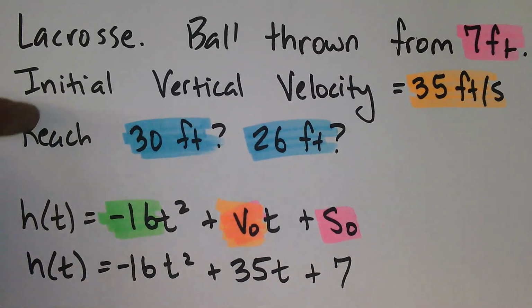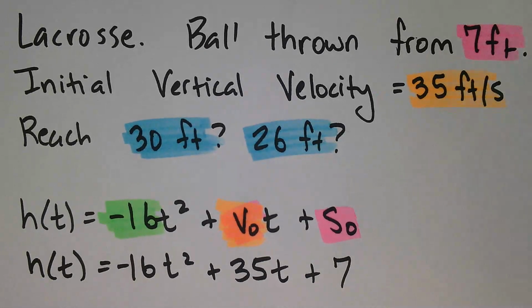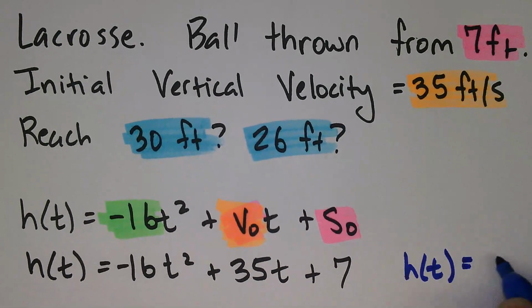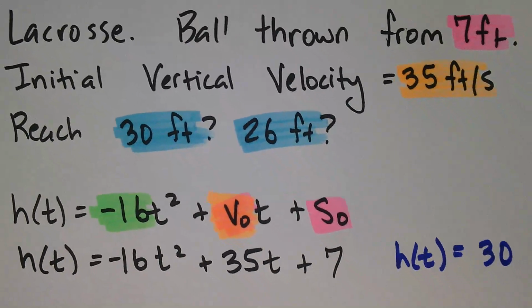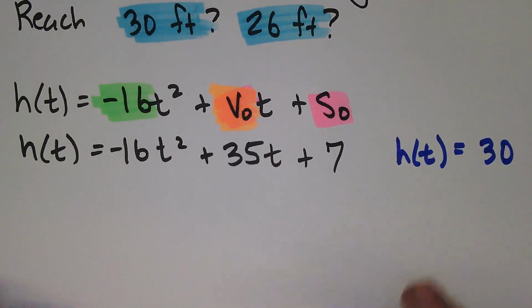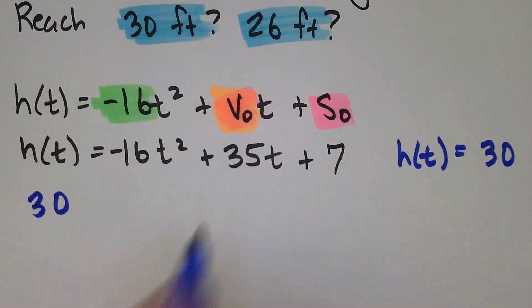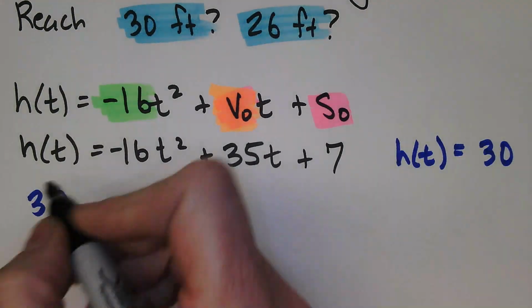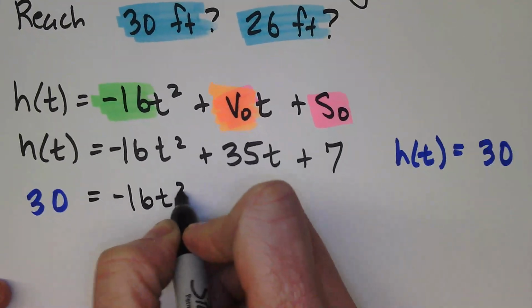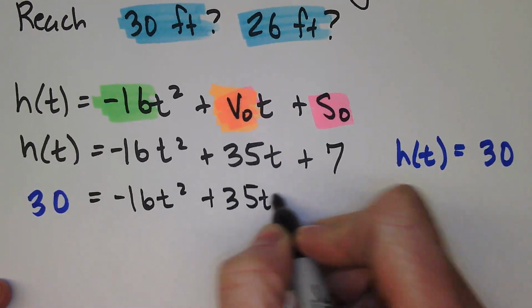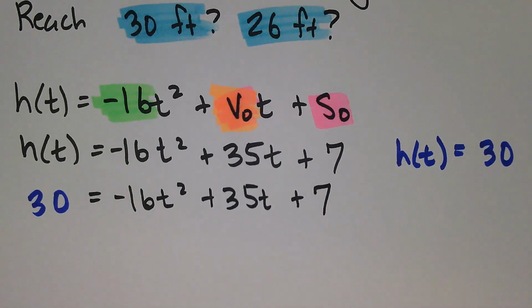So now what we want to know is, does it reach this? So that's your h of t value, the height. H of t is 30, and we want to know if it's going to work. So what I'll do is plug 30 in for h of t: negative 16t squared plus 35t plus 7. In the context of what we've been doing recently, we have been studying the discriminant, and that's going to tell us if a given quadratic has real solutions.